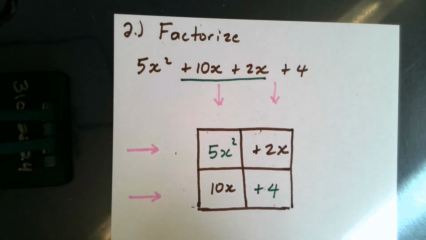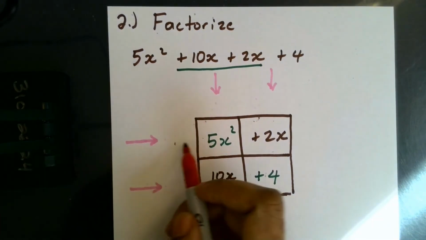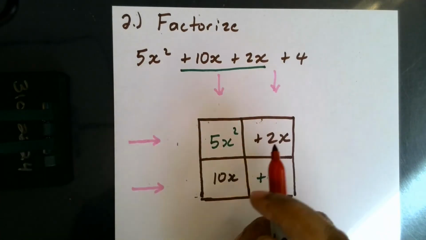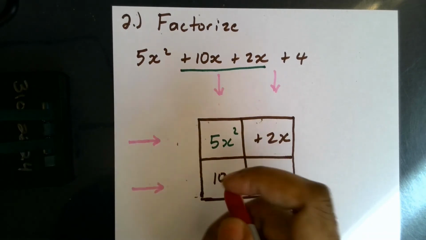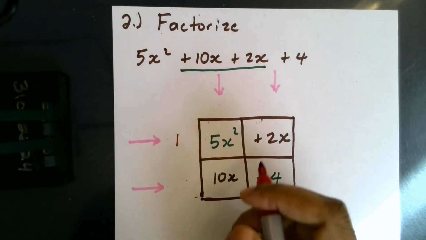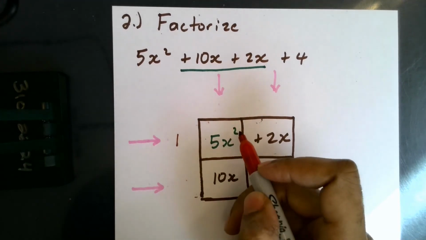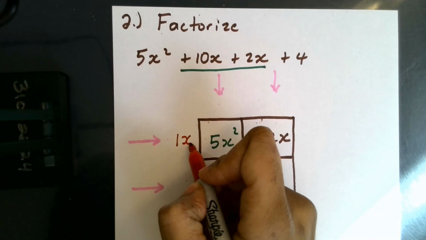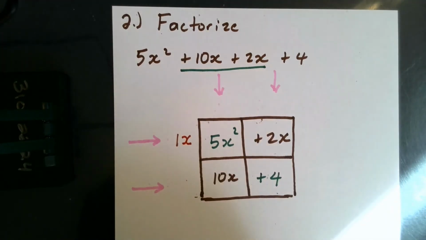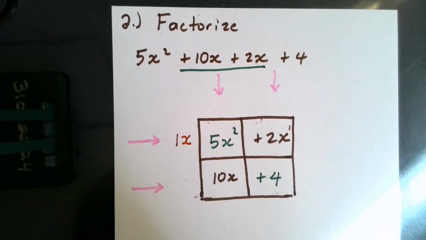So in this direction, the GCF of 5 and 2 is 1. The GCF of x squared and x is x. We always choose the x term with the smallest exponent.